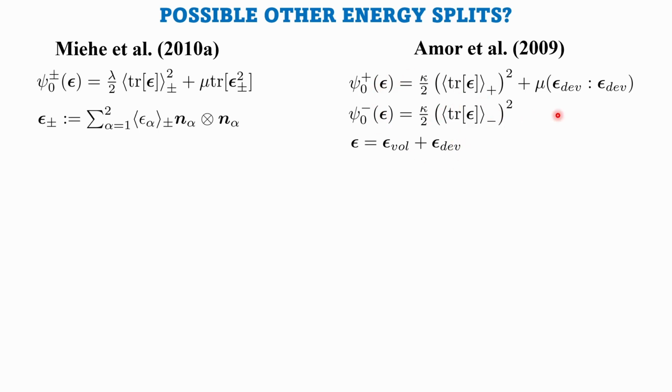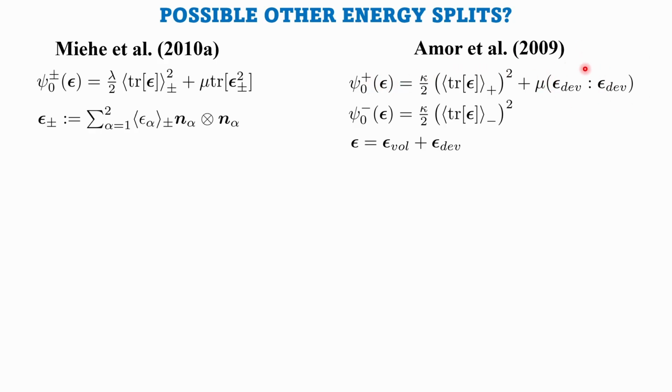What he did is, he took the deviatoric part of the strain tensor, and the deviatoric part is what? The deviatoric part is responsible for the distortion of the body, correct? So he split the strain tensor into its corresponding hydrostatic and deviatoric parts, and he took the deviatoric part of the strain tensor and clubbed it in psi 0 plus.